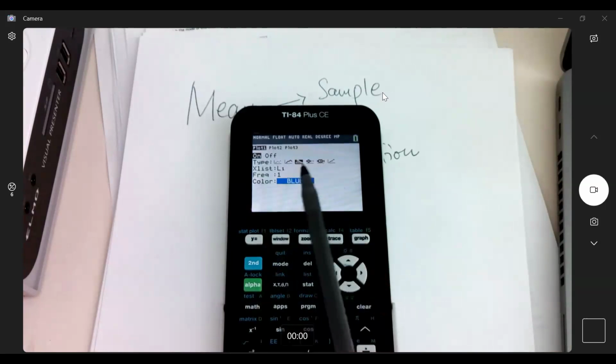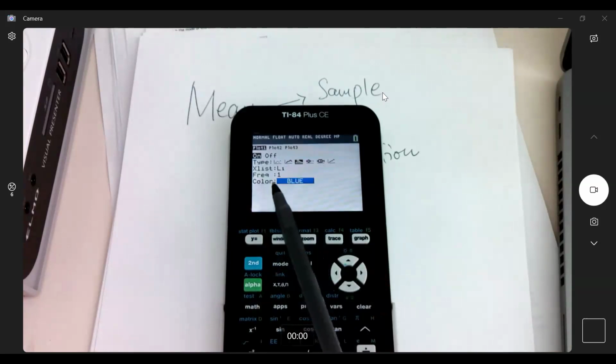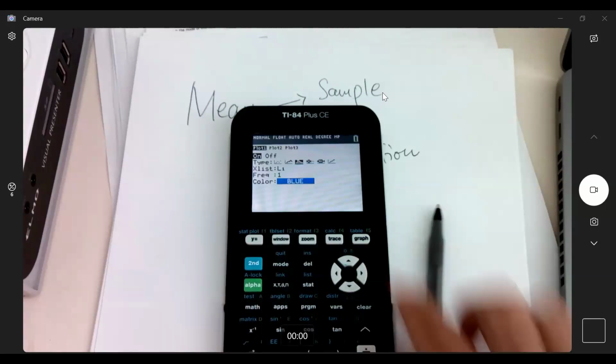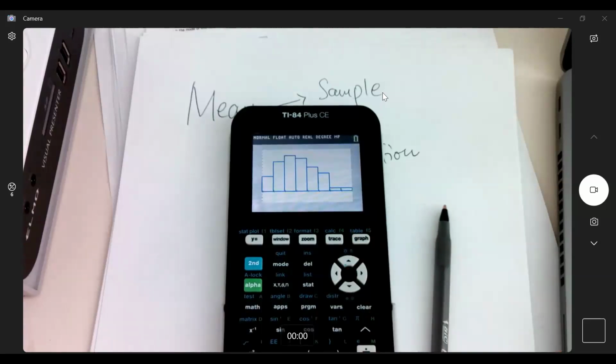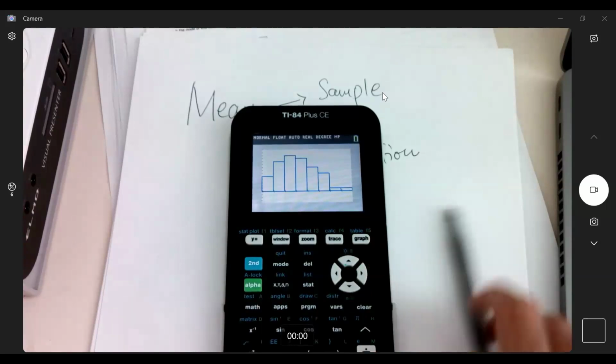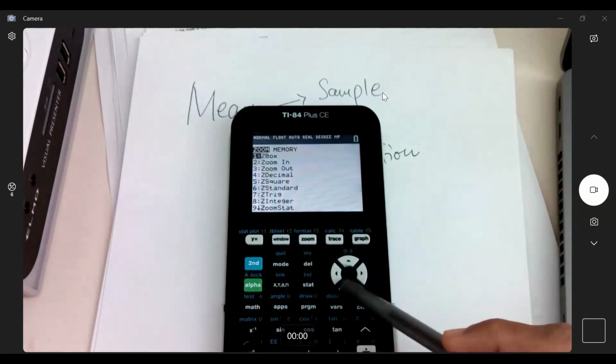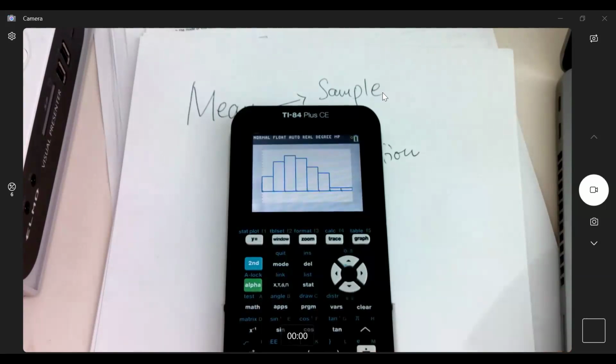I wanted to have a histogram, so I selected that. X list is L1, frequency is 1. Then I'm going to simply press this button which says graph, and I will have the graph. And in case your graph doesn't show up, that means you need to zoom. Zoom button is right here. And you will do zoom stat, which is option 9. That will zoom your graph fully into the window.